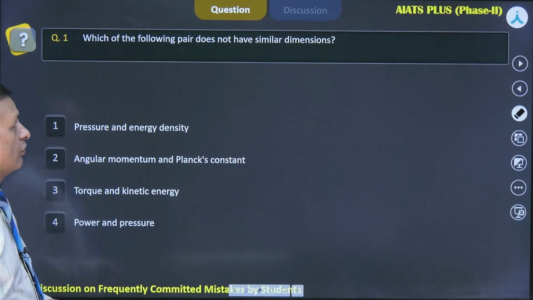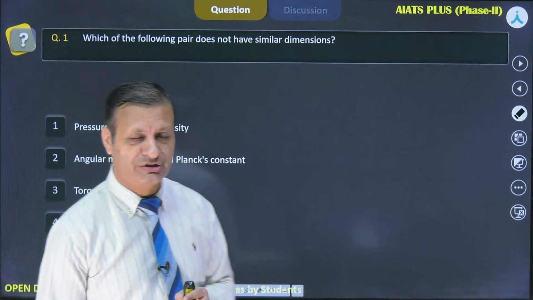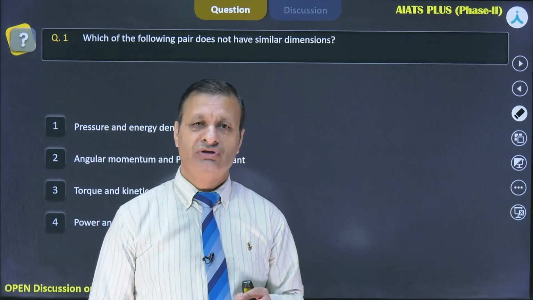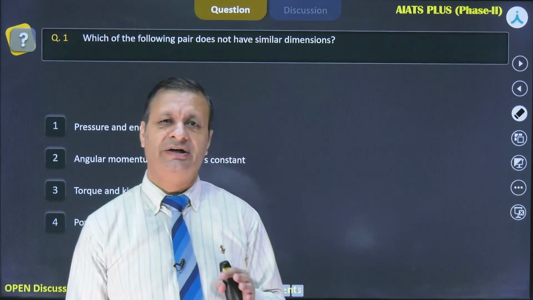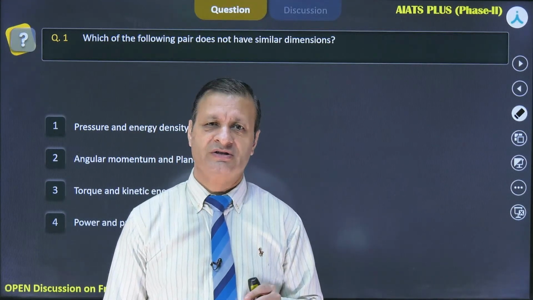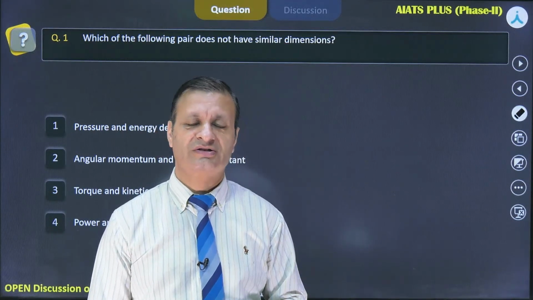Now, which of the following pair does not have similar dimensions? You have almost 120 dimensional formulas across your syllabus of 11th and 12th class.